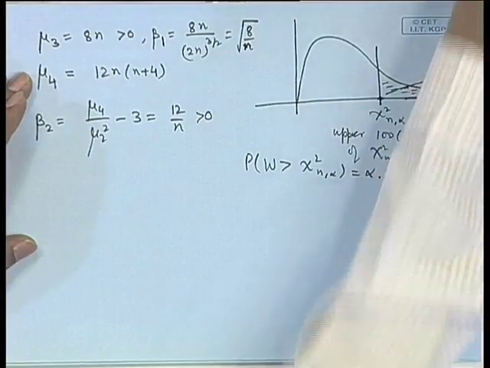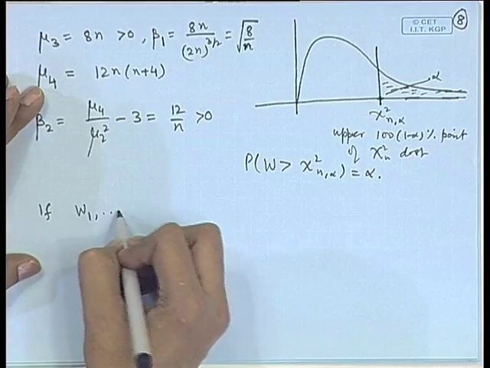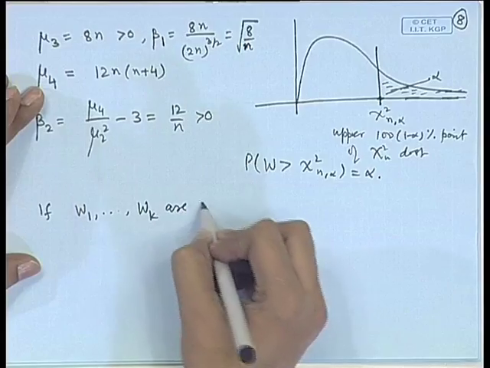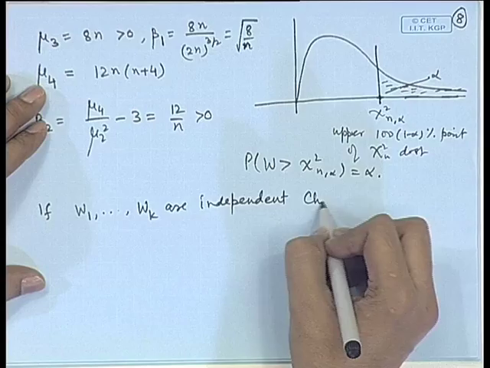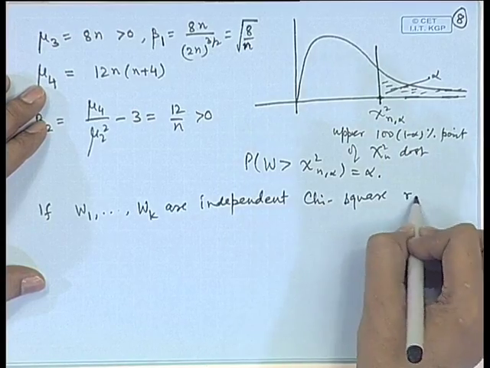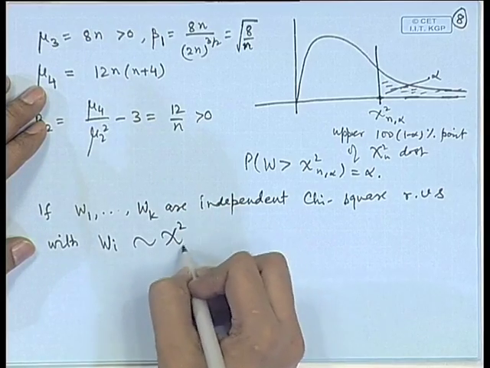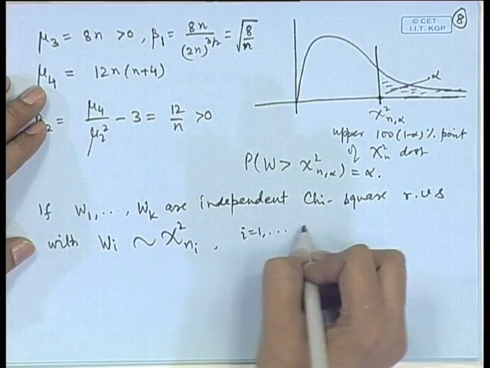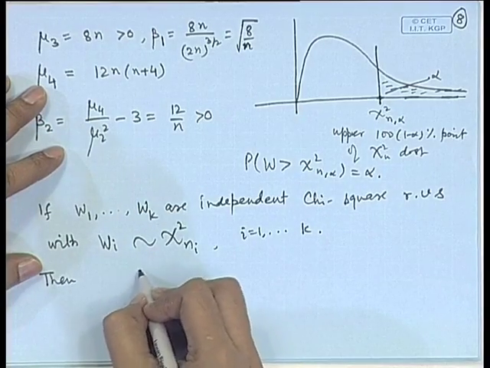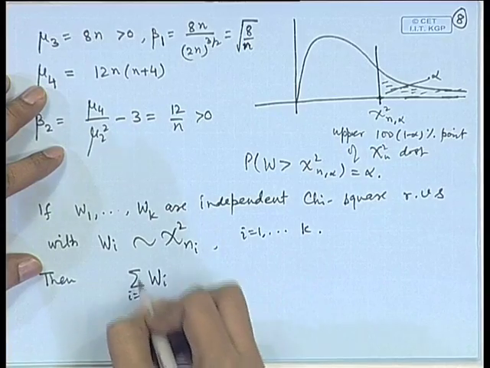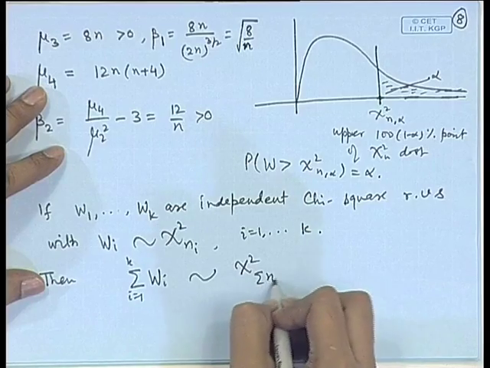Therefore, say W1, W2, ..., Wk are independent chi-square random variables with Wi following chi-square n i for i equal to 1 to k. Then sigma of Wi, i equal to 1 to k, will follow chi-square sigma of n i.